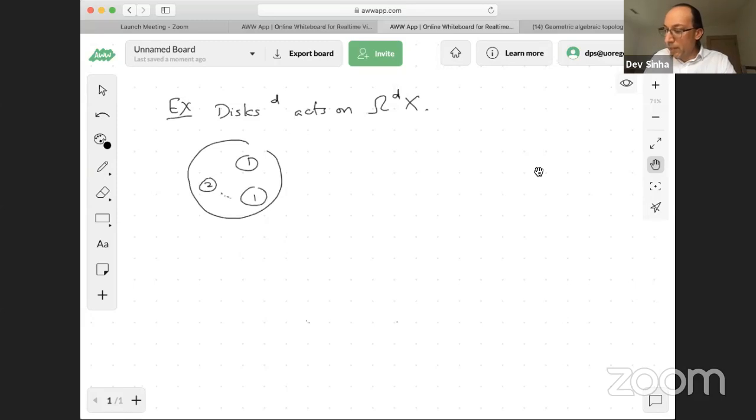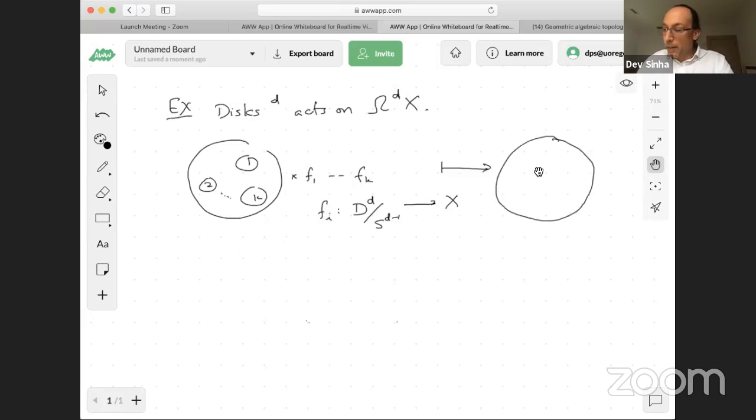If I have a disk with K entries, and then I start with K loops, and I think of each of these loops as a map from the disk D modulo its boundary to X. Then what I can do is make a new loop by applying my F1 at the place where the first disk was, and my F2 at the place where the second disk was, and so on.